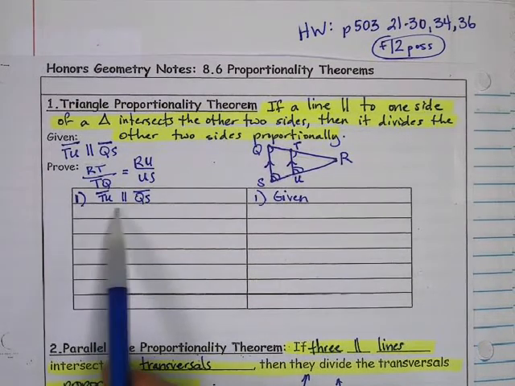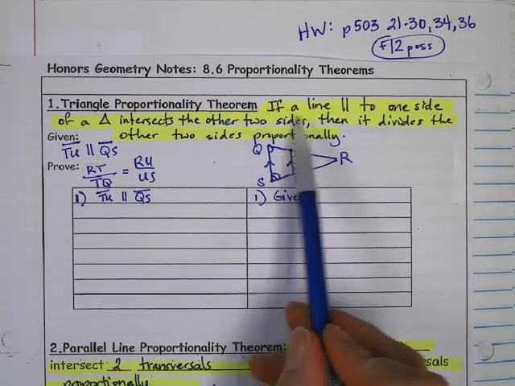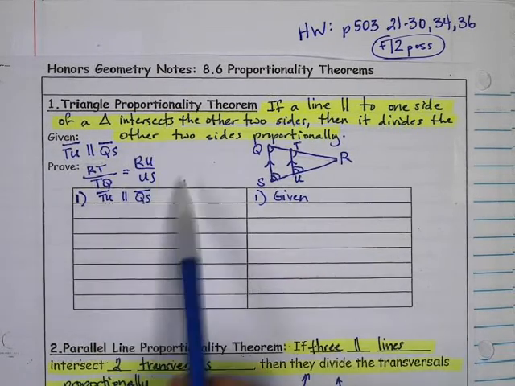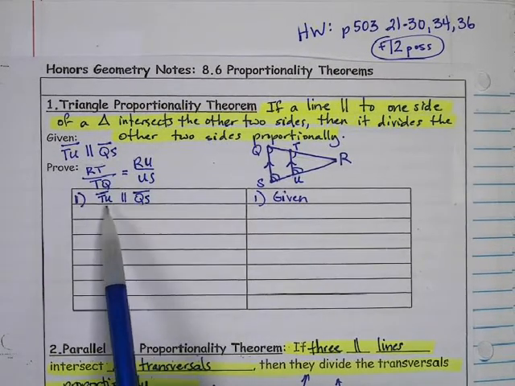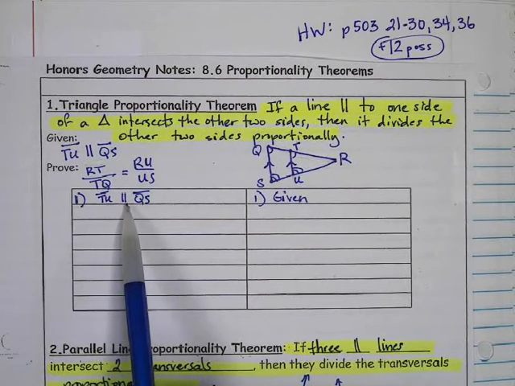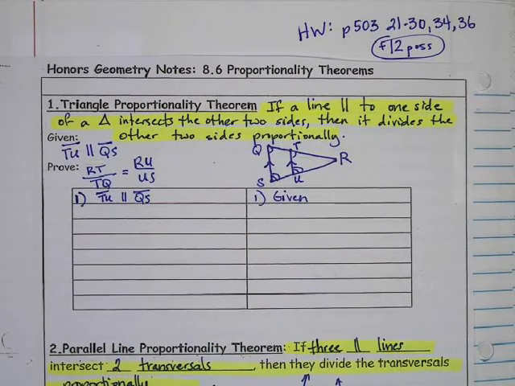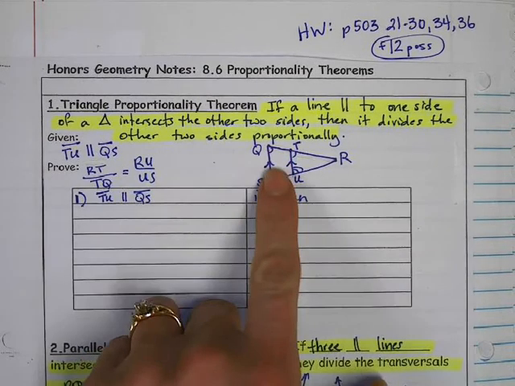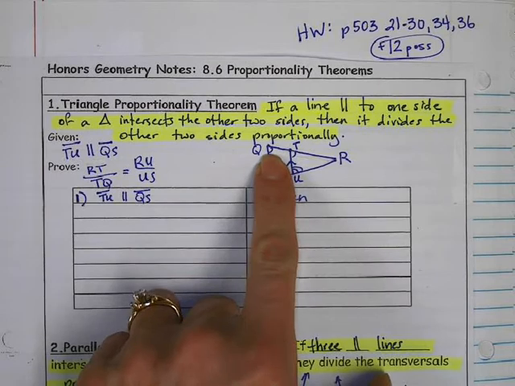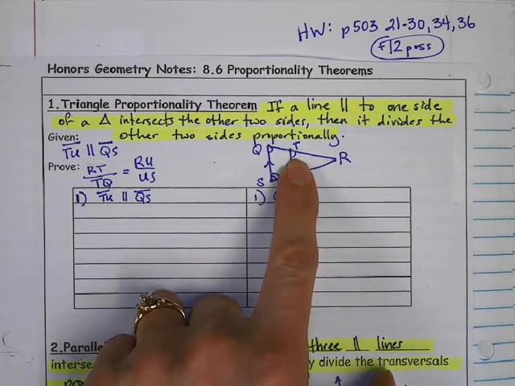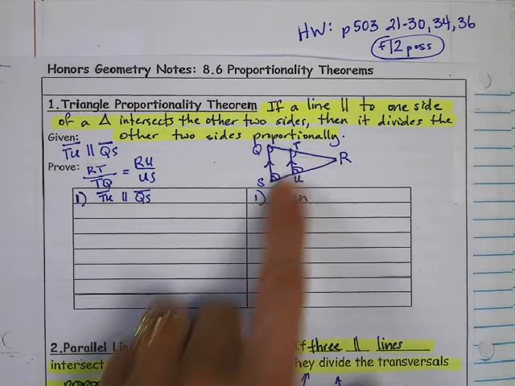So the first thing I have written here is the given. It says if a line is parallel to one side of a triangle, and so that's what's here. TU is parallel to QS, and that's given information. We also have the picture marked up already that angle Q is congruent to angle RTU.